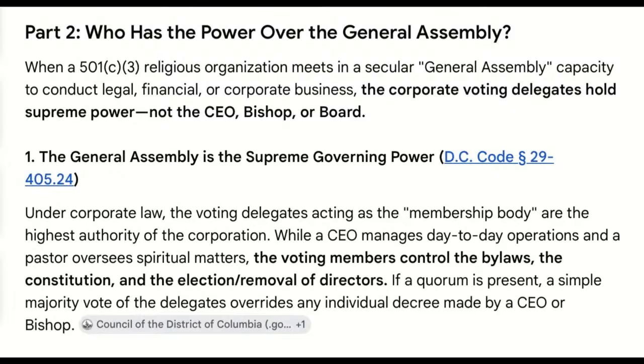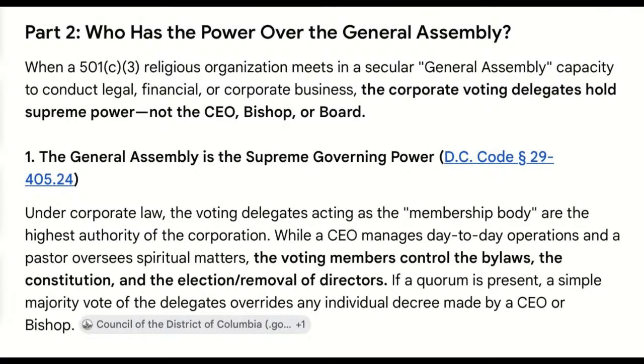The power is held by the people. Here, let's continue. The General Assembly is the supreme governing power. This is also a DC code. The people hold the power in the organization. The General Assembly is the supreme governing power, right?